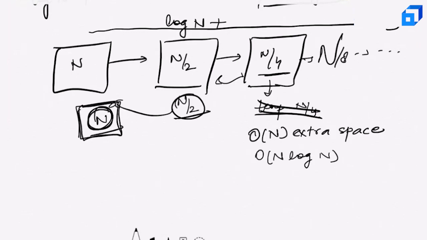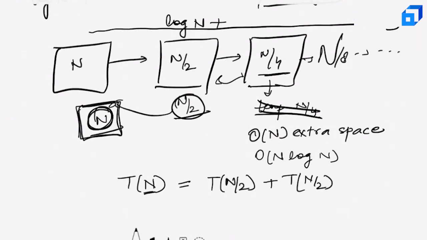There's one more way, by the way, to calculate time complexity. If you assume that the time taken for sorting an array of size n is T(n), then T(n) is nothing but: first sort the first half of the array, then sort the second half of the array, which is also of size n by 2, and then merge them, which takes you some n time. Let's say it takes you n time. This is basically saying 2 times T(n/2) plus n.